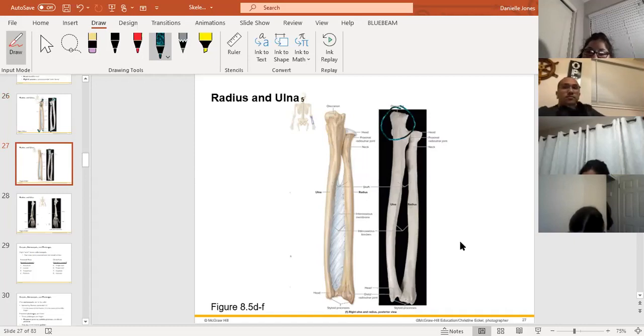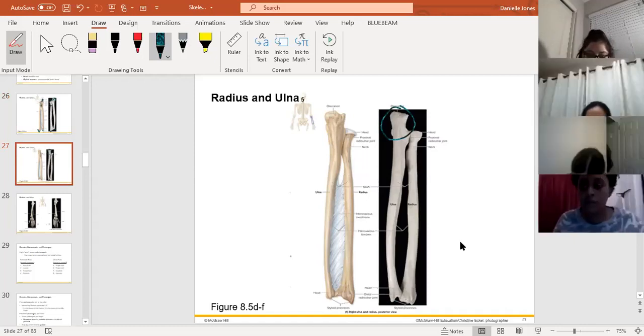Now, just from your own knowledge, what side is this, right or left? Left. Okay, tell me why it's left. Because your thumb is on the radius. Okay, thumb's radius, good. But that's the back, right?